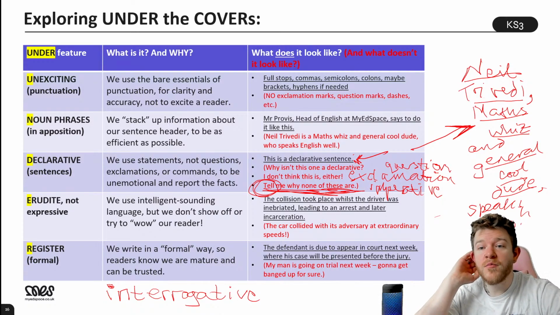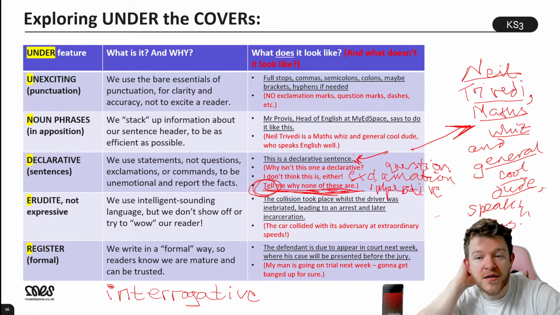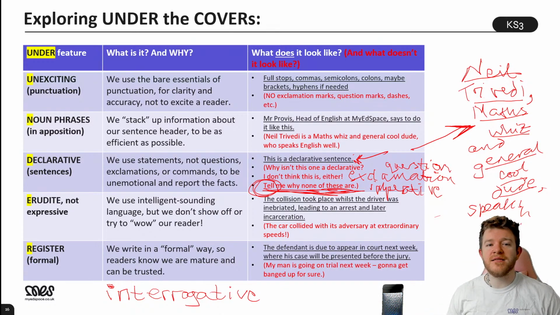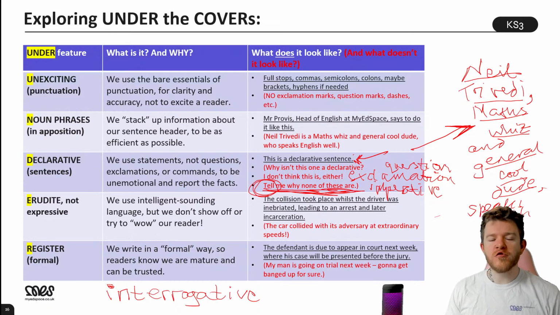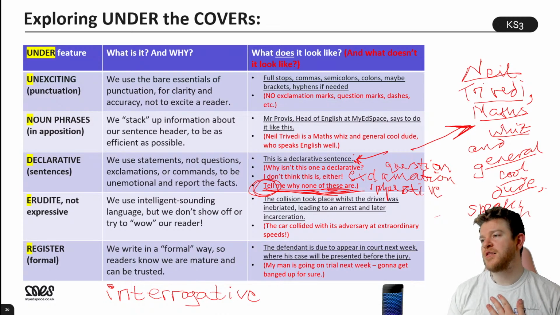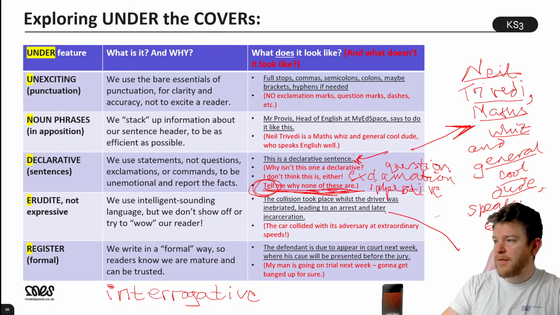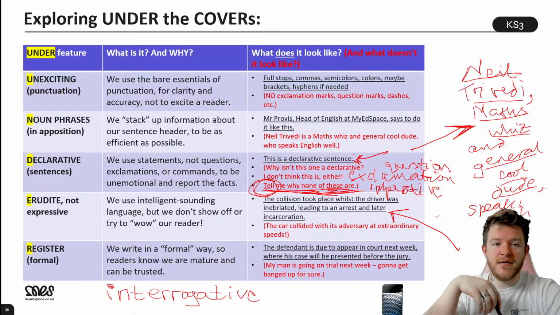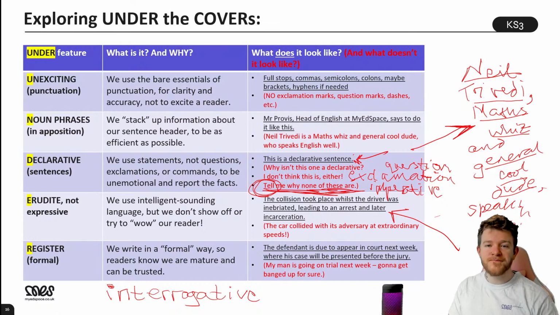Yeah, lots of you pointing out how this is like interrogation, hence interrogative for a question like that. So my erudite sentence, how is it different from my expressive sentence? How can you tell that I'm using intelligent sounding language, not showing off or trying to wow my reader, in that top example, the black one? So we're currently looking at this one here. How can we tell that that one there is erudite? And it is going to feed into register, the formal register, that we come across in a second. Let's see.